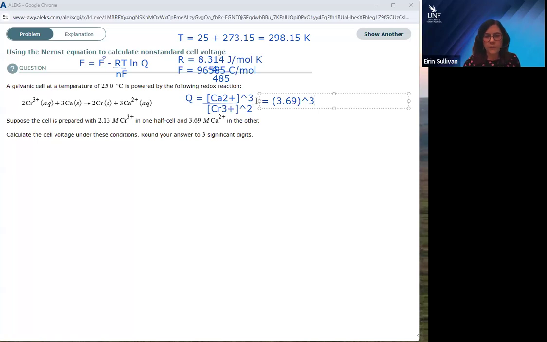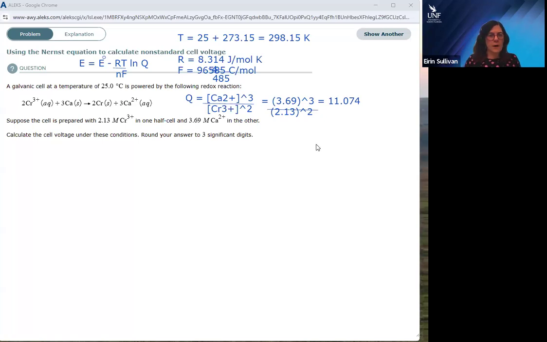It's 3 moles of calcium, and then it's the chromium that there's 2 moles of, and that will be my 2.13 concentration of chromium raised to the power of its stoichiometric coefficient, which will be 2. So that comes out to be 11 point something, 074. That's probably enough sig figs for now. All right, so we can just bank that.